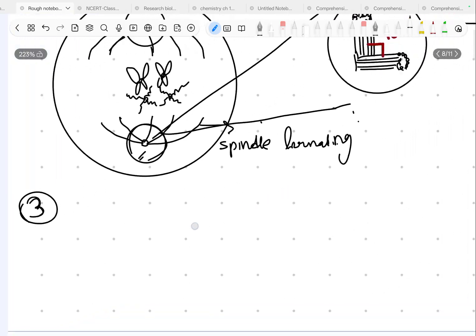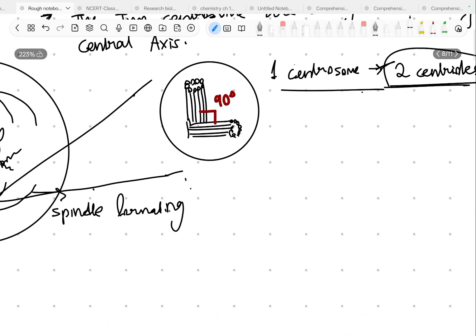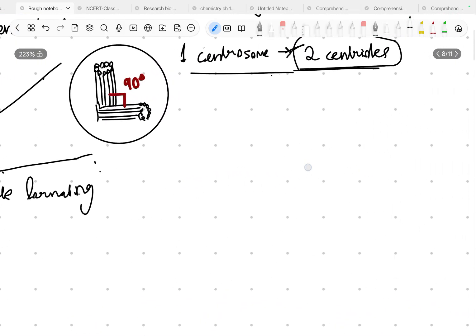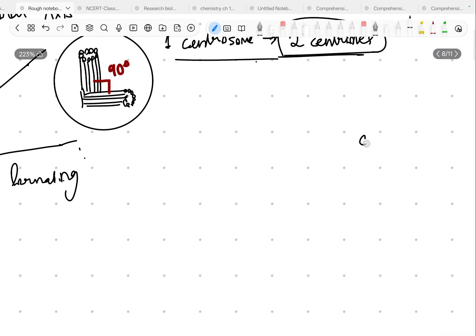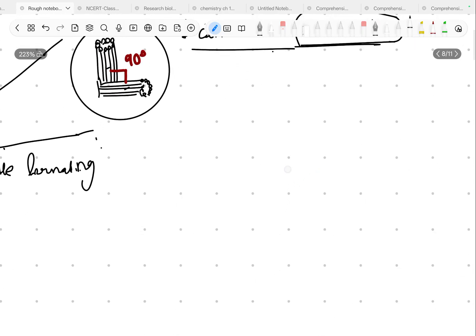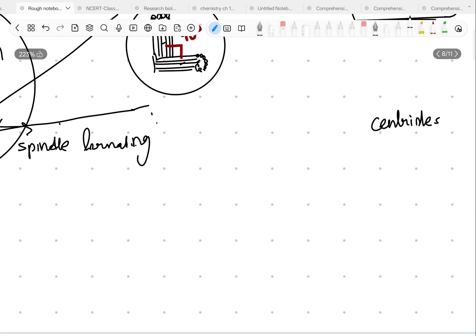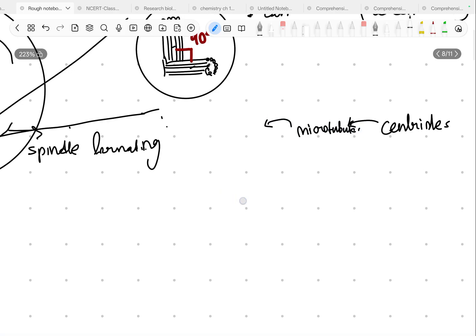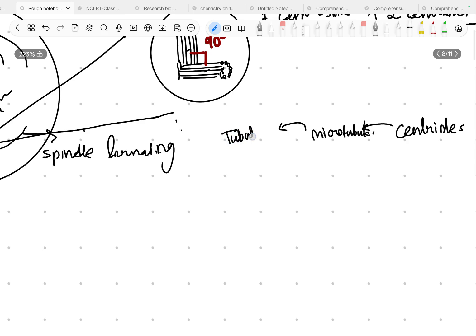And how the spindle fiber is actually formed, I have not discussed that. How does it occur? In the centrosome, this part is called centrioles. Centrioles are formed by using microtubules, and the microtubule is formed by using tubulin protein. It is a kind of protein.